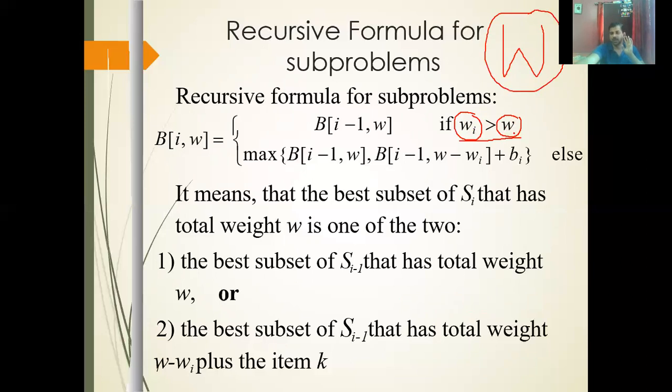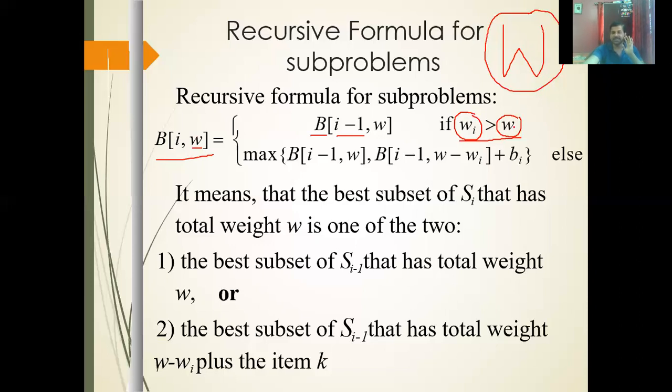If this is greater, obviously I cannot insert this item within the knapsack because we don't have sufficient space. So what would be the benefit or profit? The benefit will be that of when I inserted the previous item, i minus 1. So I am supposed to consider B of i comma w, where i is the current item and w is the current capacity of the knapsack.